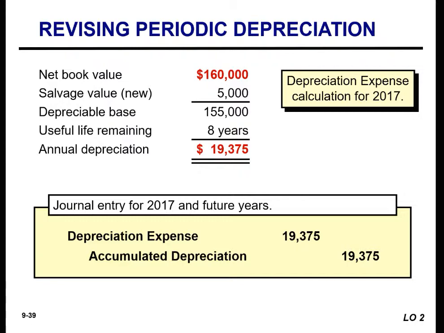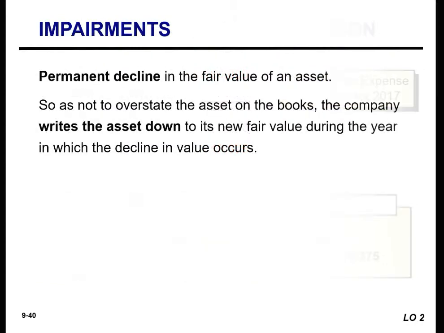Now, sometimes we have what's called an impairment. Something has occurred that has resulted in a permanent decline in the fair value of the asset. In order that the asset is not overstated on the books, it's written down to its new fair value during the year in which a decline of this occurs.